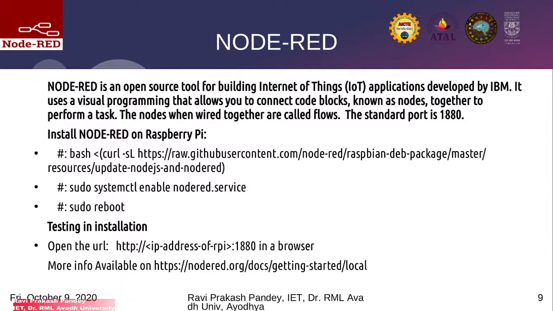We'll again log in, we are SSHing into the Raspberry Pi, our home is at this IP address. In case you want to know the IP address, you can check your Wi-Fi router for what IP address has been given to the Raspberry Pi.